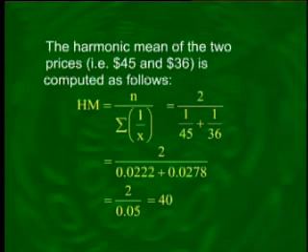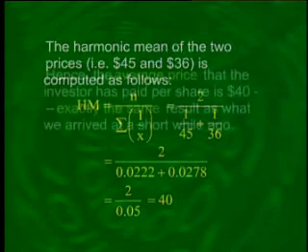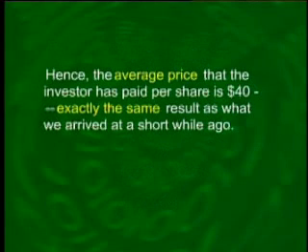And upon solving this expression, the harmonic mean comes out to be 40. In other words, the average price that the investor has paid per share is $40, and students, this is exactly the same result as what we arrived at a short while ago.